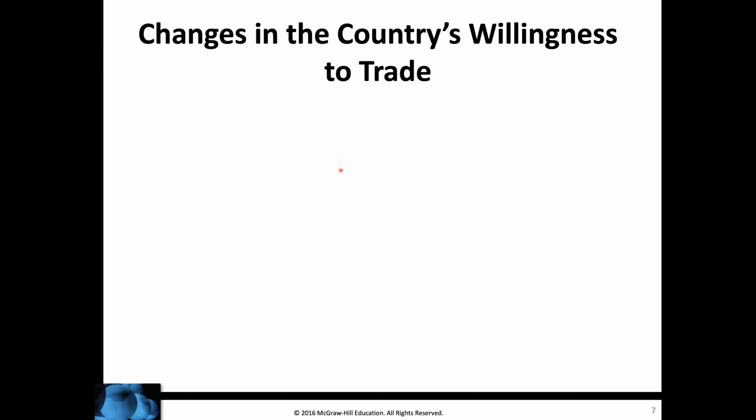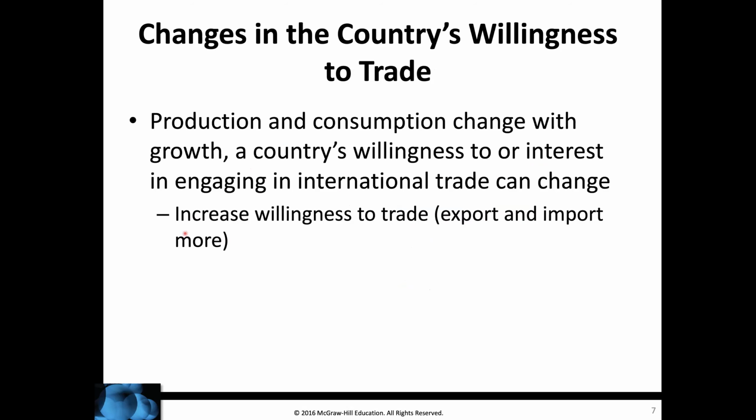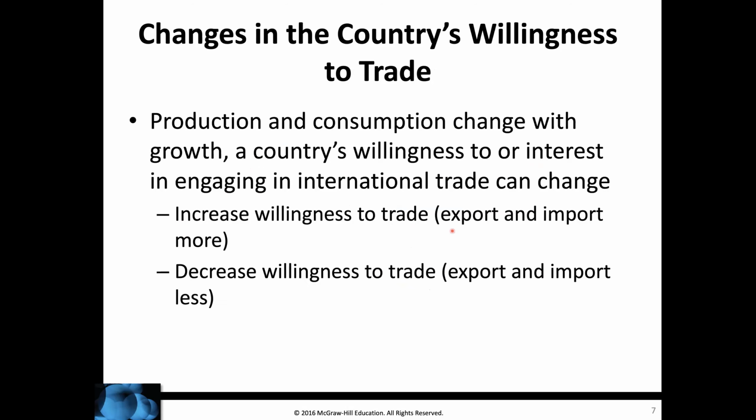Now let's discuss the changes in the country's willingness to trade. So production and consumption change with growth. A country's willingness to, or interest in, engaging in international trade can also change. It can increase willingness to trade, so export and import more, or it can decrease the willingness to trade.